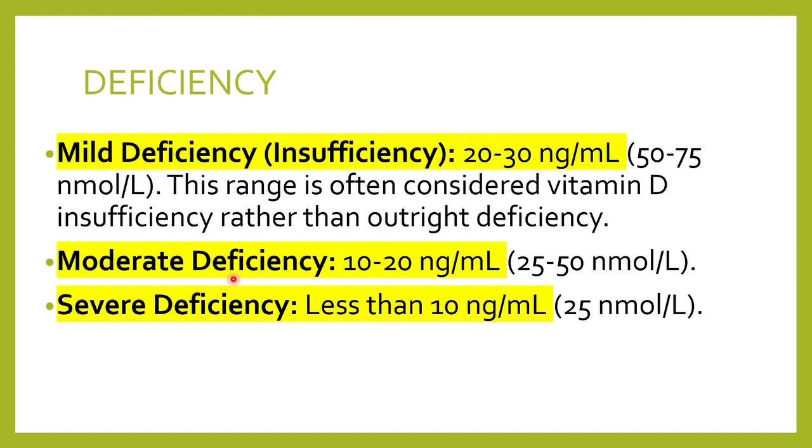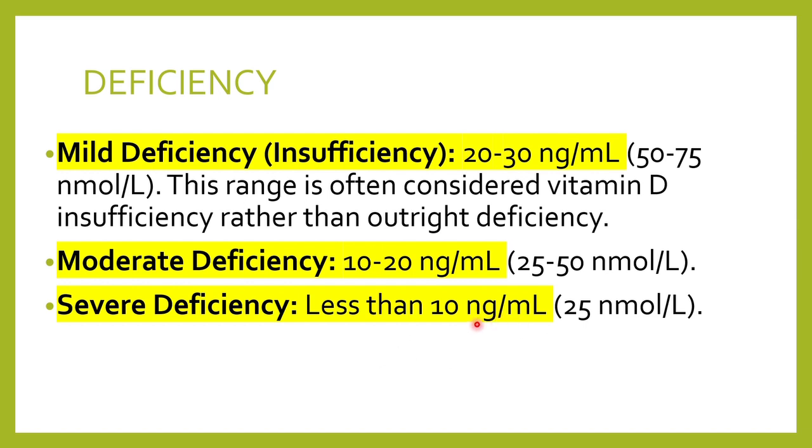So now when we say this, deficiency is always classified as mild, moderate and severe deficiency. Okay, so mild deficiency is when your vitamin D level is in the range of 20 to 30 nanogram per ml, and if it is between 10 to 20 nanogram per ml, that is moderate deficiency, and if it is less than 10 nanogram per ml, that is severe deficiency.